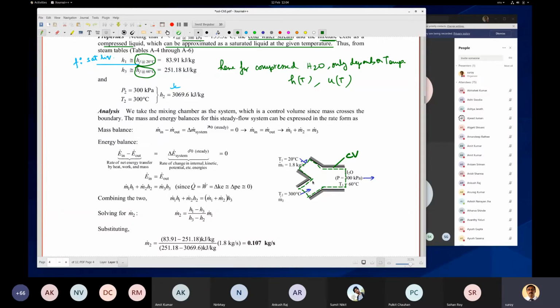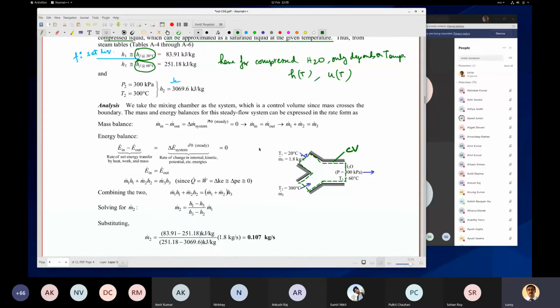You can look up the tables. And here you have to consider enthalpy, and this is the enthalpy going out. And it is steady state, steady flow. So you can do the balance and do the calculations.